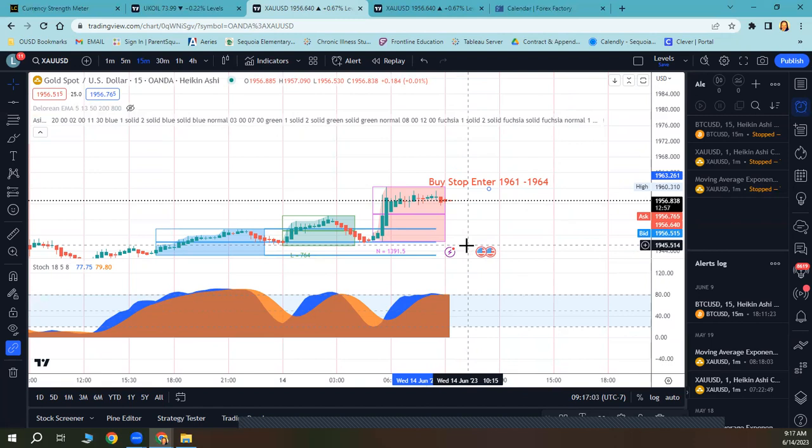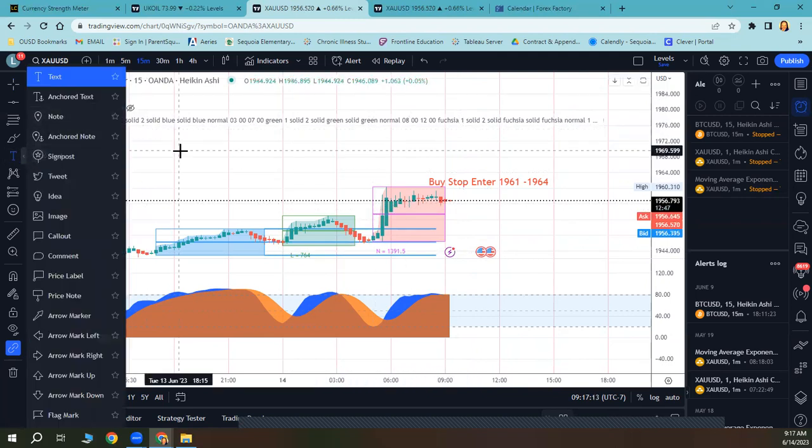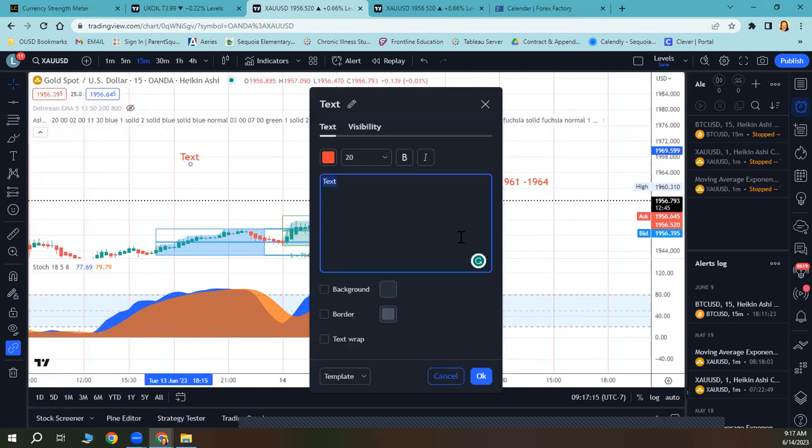So my TP is going to be 1942. Now, when the news happens, the market is typically quite volatile. So you really want to make sure your lot size isn't anything ridiculous. Okay. So sell stop, entry is 1945, and I'm going to go to 1942.